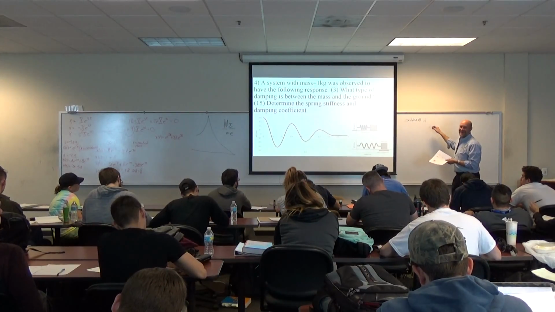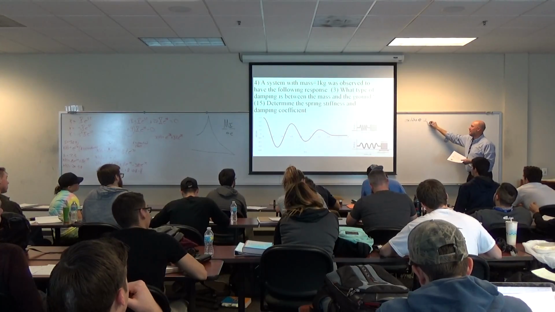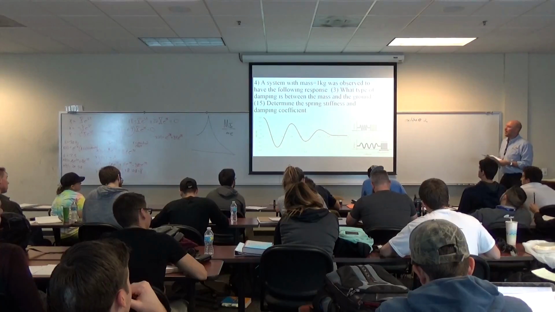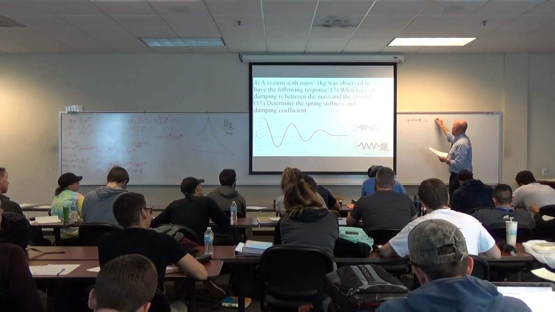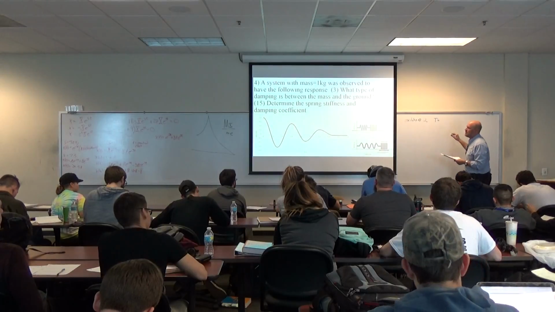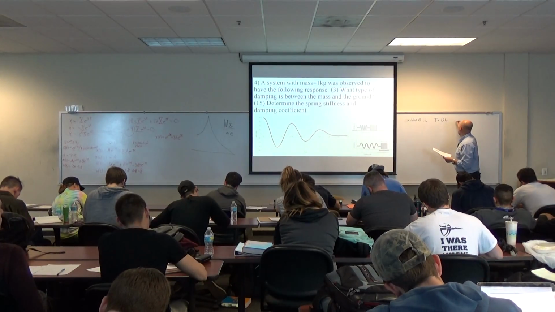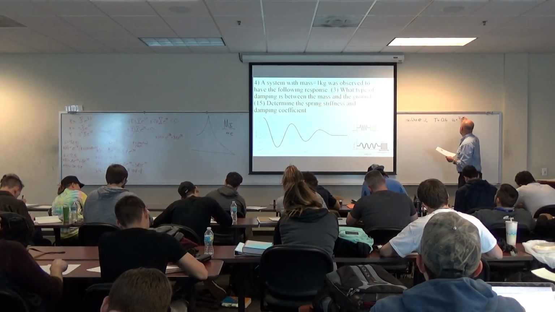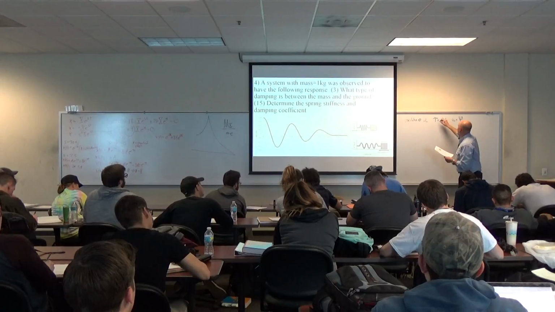Omega n. And what we find is that our period is 0.6, and so omega n is 2 pi over, I guess this should be tau.